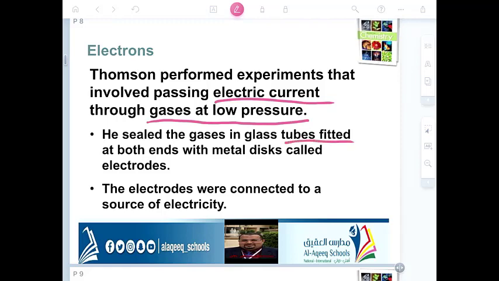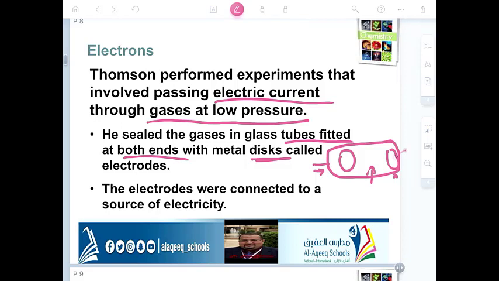I will show you the device now. He put discs at the two ends of this device, like this and like this, inside the tube. Then he allowed electricity to move from here to there with a very low pressure of a kind of gas inside.